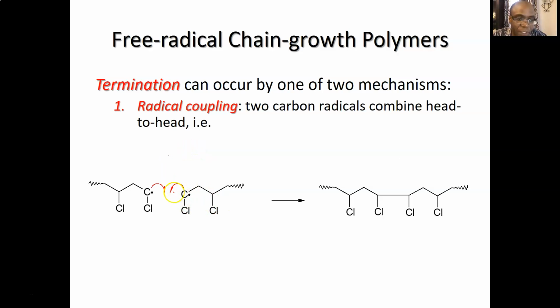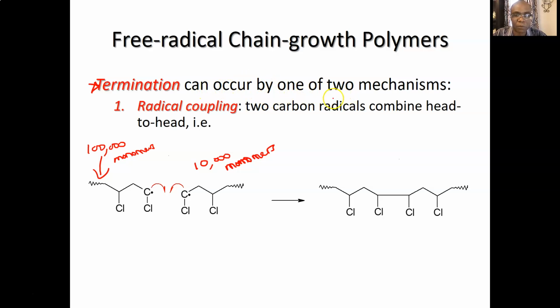Now, if you've made so many long fragments, let's say this one has 100,000 monomers, and probably this one has 10,000 monomers, these two can decide to stop the process by what we call termination. To terminate is to stop.